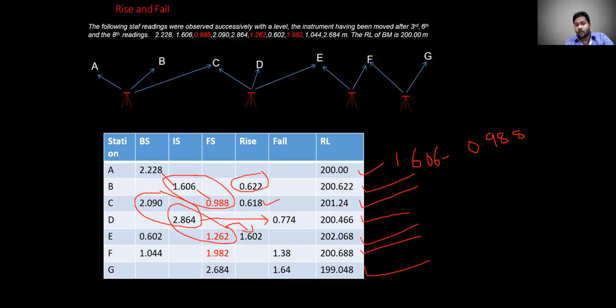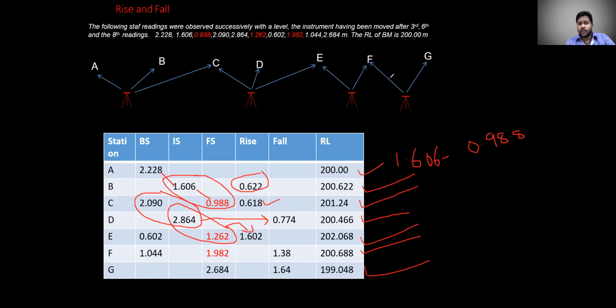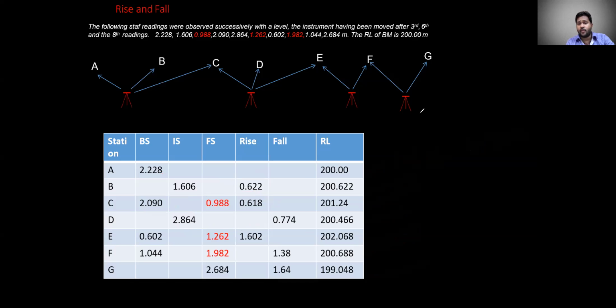So after solving all these, what do we need to do? We need to check whether what you have done is right or wrong. We need to cross check. For this cross check, what will I do?